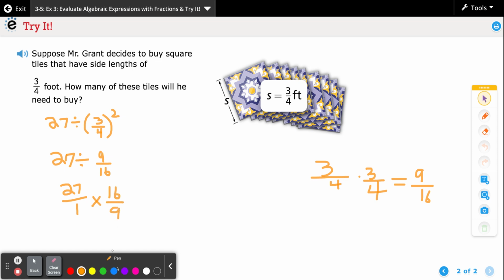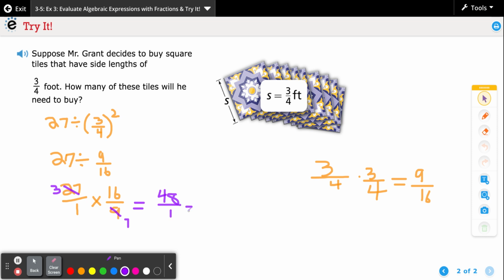I notice that I can simplify diagonally before I multiply. Since 9 goes into both, I get that's a 1, and 27 divided by 9 gives me a 3. So 3 times 16 is going to be 48. And 1 times 1 is 1.